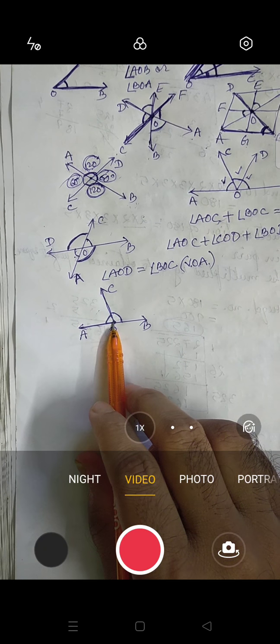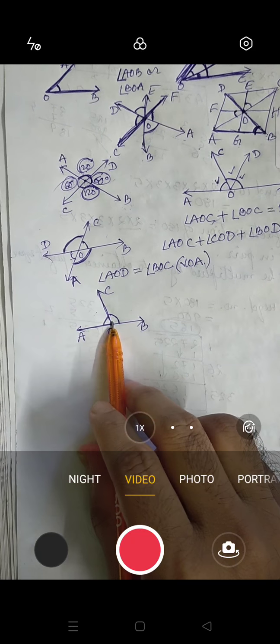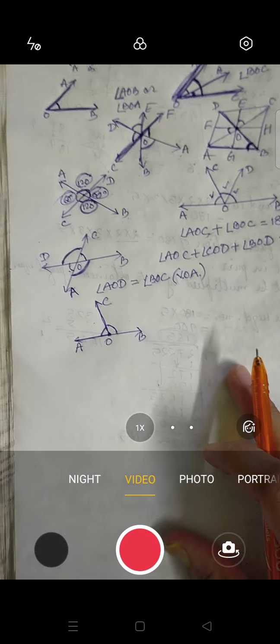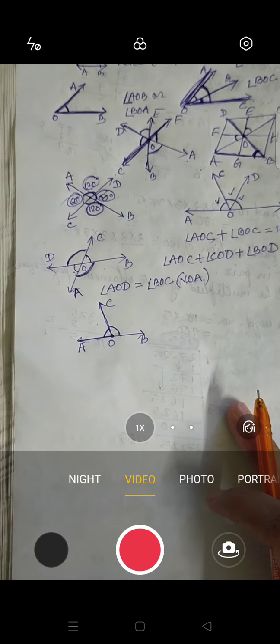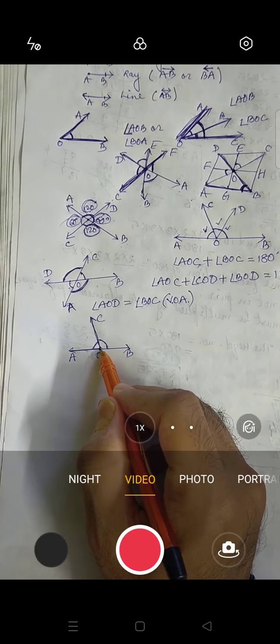So common vertex, and if they are having a common arm, you can see in this angle this is one, and in this angle this is one. That means in both cases this is common and this is common. So whenever you are having a common point and common arm, they will be termed as adjacent angles. That means we can say that this and this are adjacent angles also.